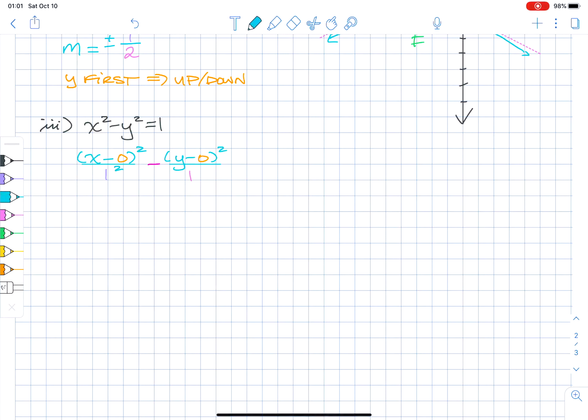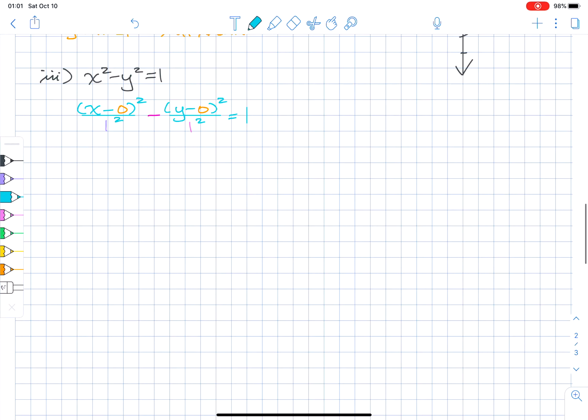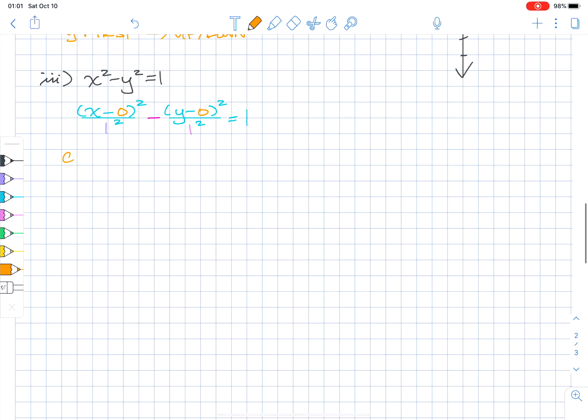And that's set equal to 1. Okay, so I claim that our center is at 0, 0.